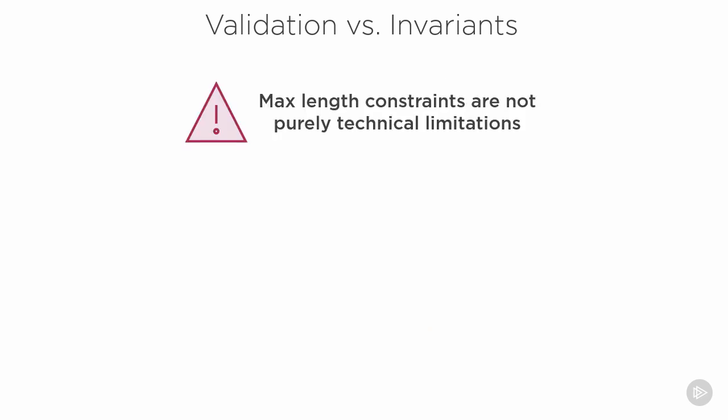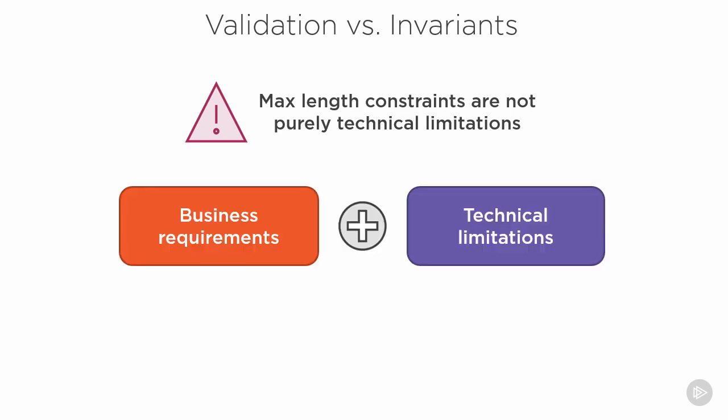But this view that simple validations are purely technical constraints is not entirely correct. Look at it this way. What if you make the student name 2 characters long instead of 200? The domain expert will surely disagree with this technical implementation detail. In reality, max length constraints are the result of the negotiation between business requirements and technical limitations.